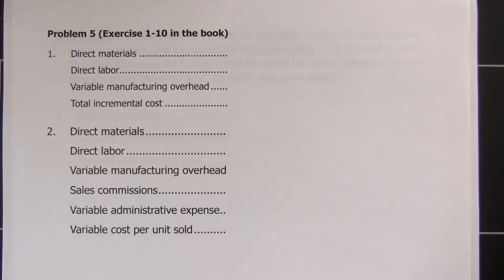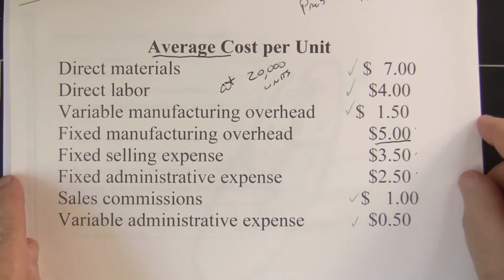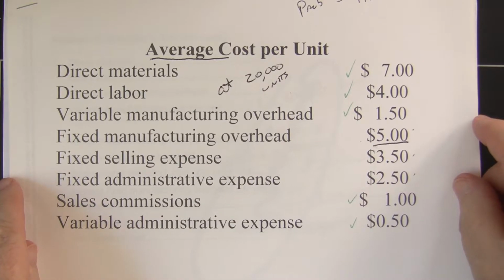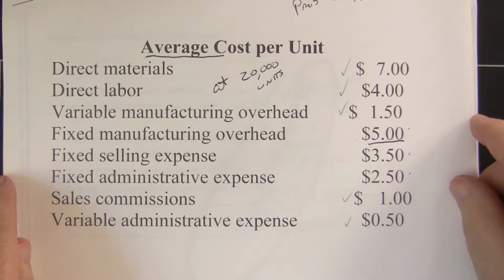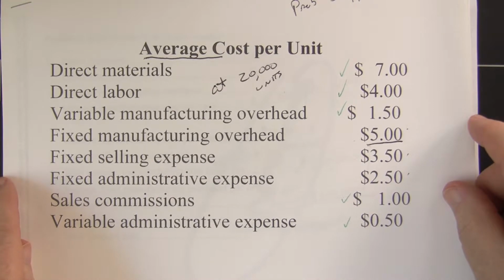Problem 5, which is exercise 1-10 in the book, again is asking you to refer back to the information that was in exercise 1.7 in your book. And at this point, you probably know these numbers better than your home address.